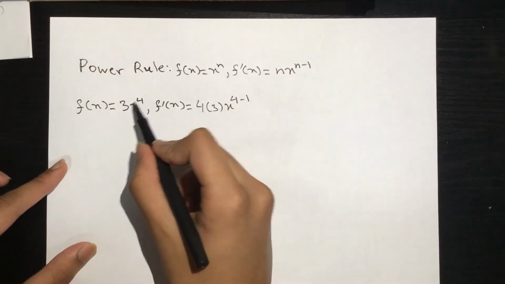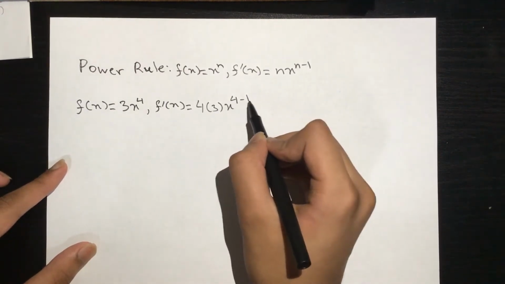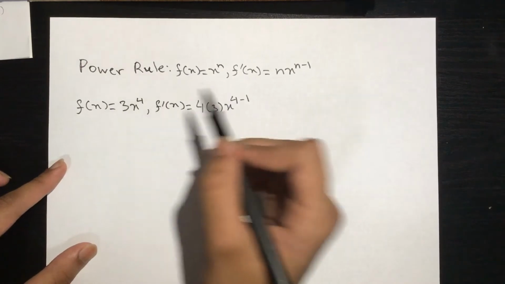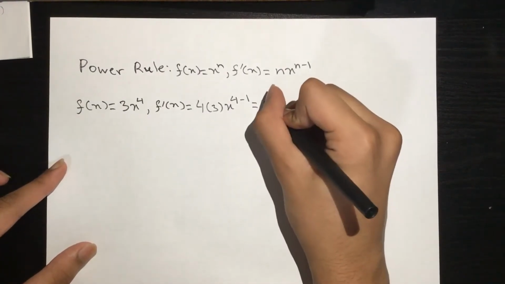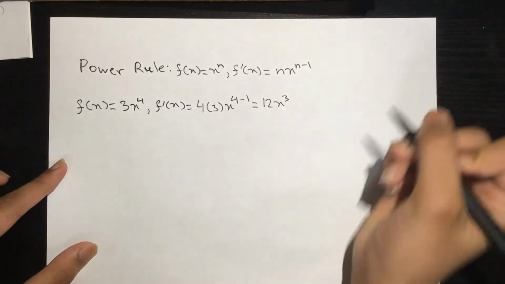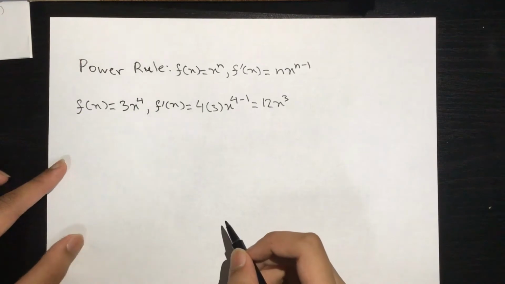Here we're treating 4 as n, so n goes to the front, and then it's just 4 minus 1. And we have this extra 3 as a coefficient, so we have to multiply that. And this equals 12x to the 3. So this is a simple case where the power rule is useful.